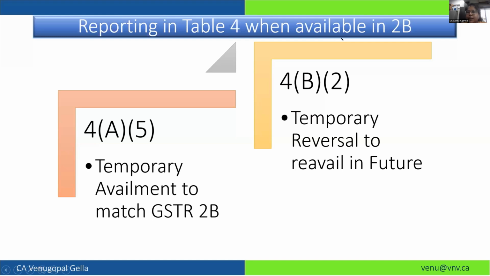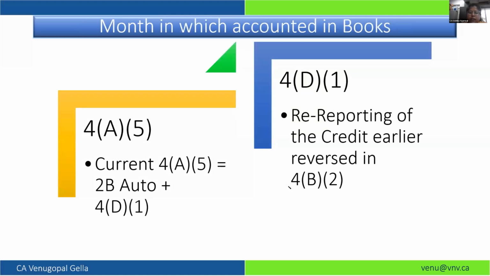Reporting of table 4 when availing: 4A5 is to match with GSTR 2B, and temporary reversal is to be re-availed in future, like we discussed just now. Obviously, what relates to my current month is there in 4A5. Plus, there may be a situation where the ITC which I have not previously availed due to any circumstance, maybe missed or maybe all the conditions of section 16 had not been fulfilled, has now been fulfilled.